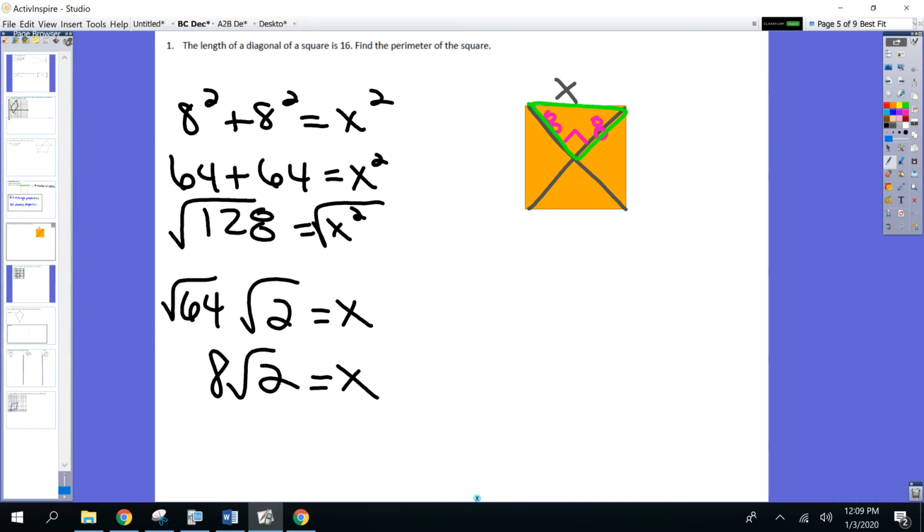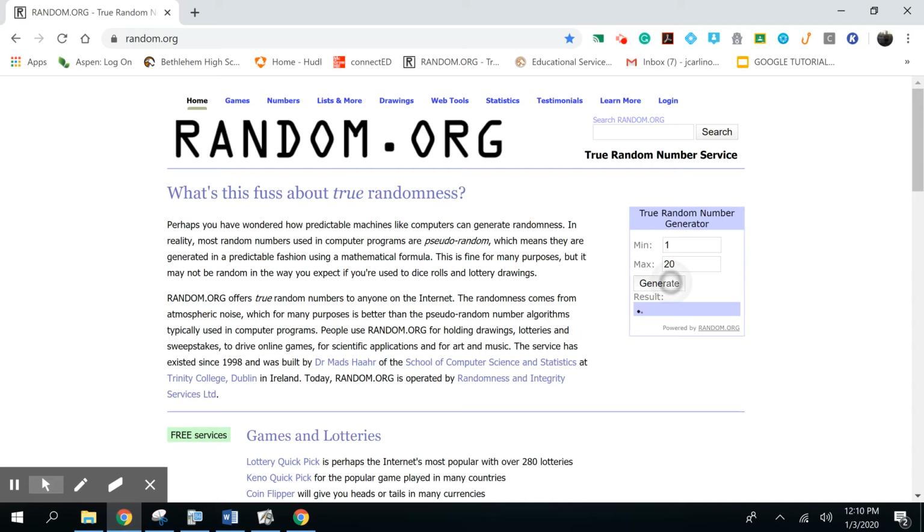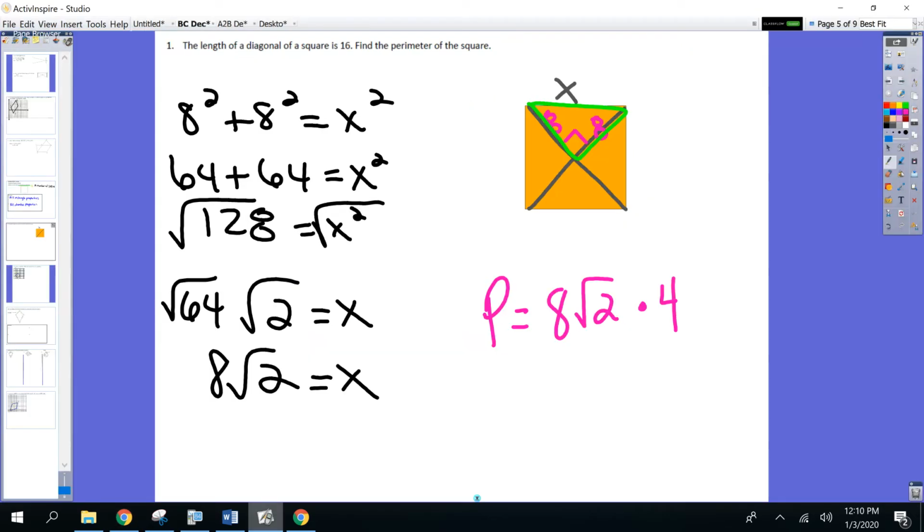So one side, not the perimeter yet, one side will be 8 radical 2, yes. So you want to find the perimeter? We already said I take one side and multiply it by 4. I thought kids' heads were going to explode when I asked them to do this today. 8 radical 2 times 4. No decimal. I want it in radical form. What do I multiply?